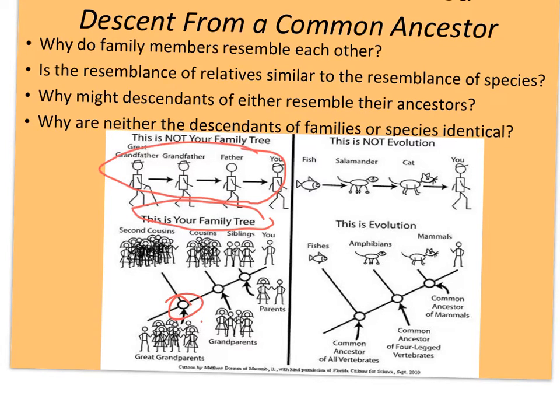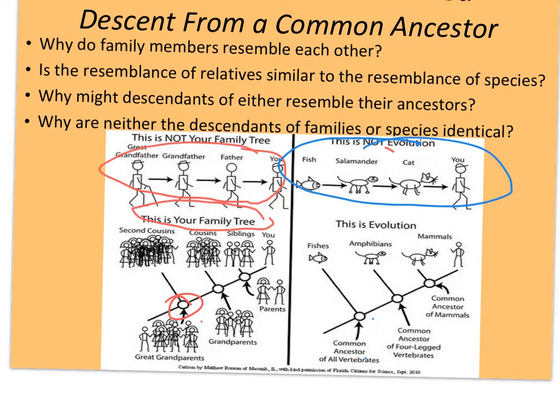Okay? Now, the same thing happens with evolution. We're not talking about individual organisms, we're talking about species. A salamander is not descended from a fish.